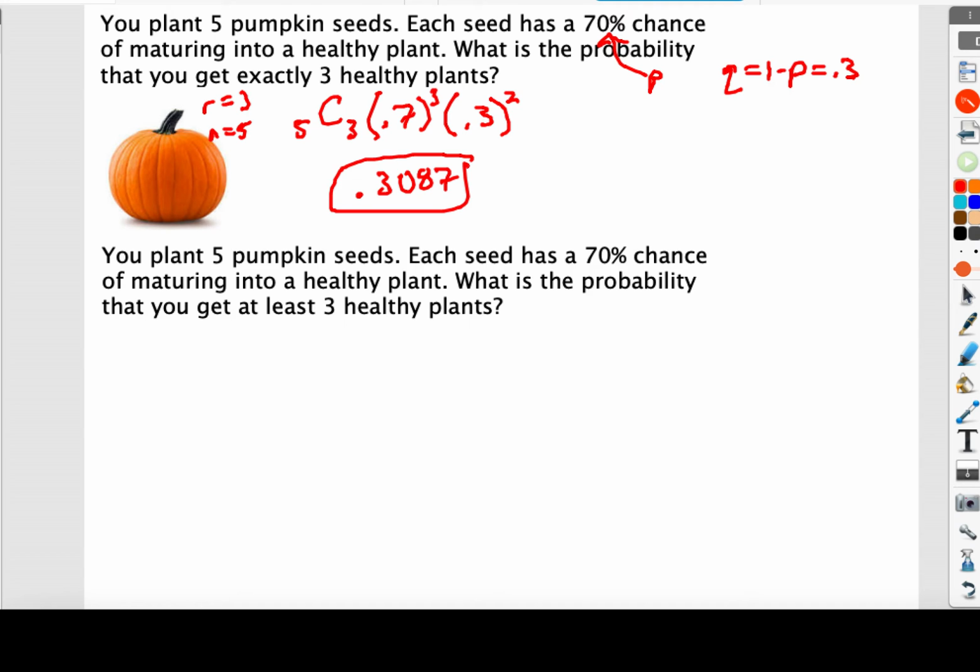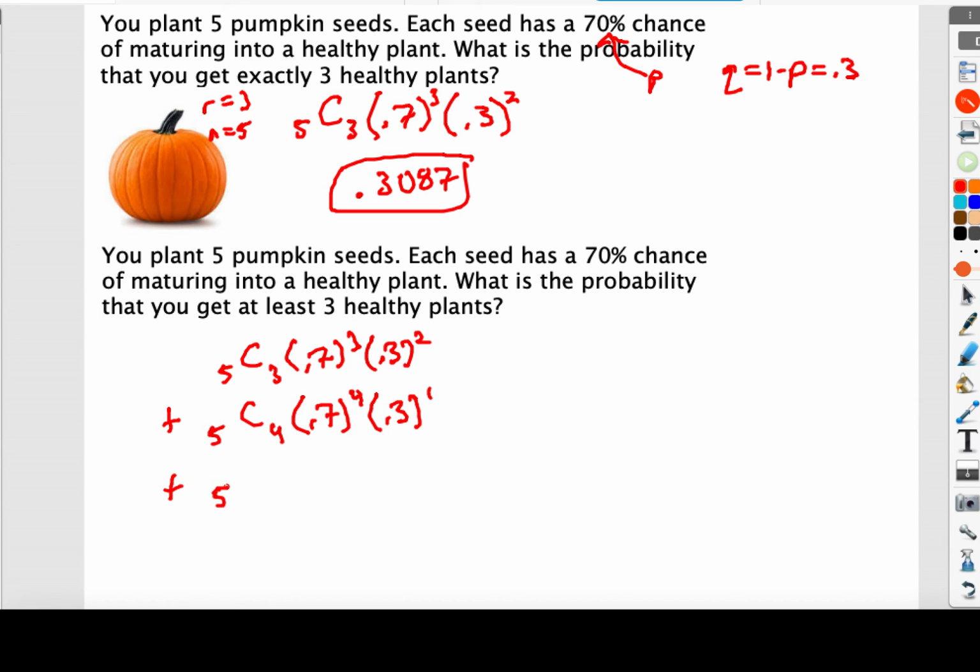Now, we'd probably be pretty happy with 3 successful, but what about 4 or 5? If we want at least 3, there's a little different scenario. Now we want 5 choose 3, 3 successes with 2 failures, or we could have 4 successful, then we have at least 3. Nothing wrong with a little extra success. So we want 4 successful, assuming 1 fails.